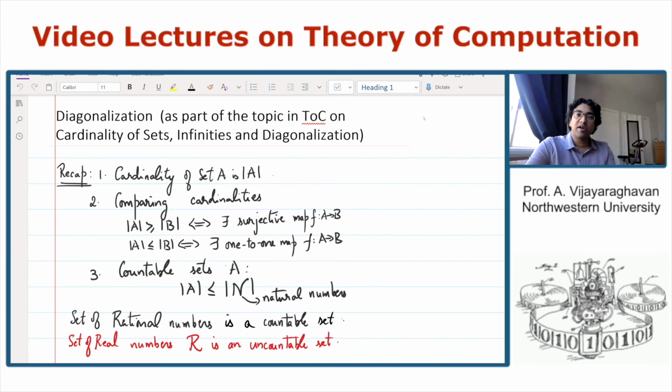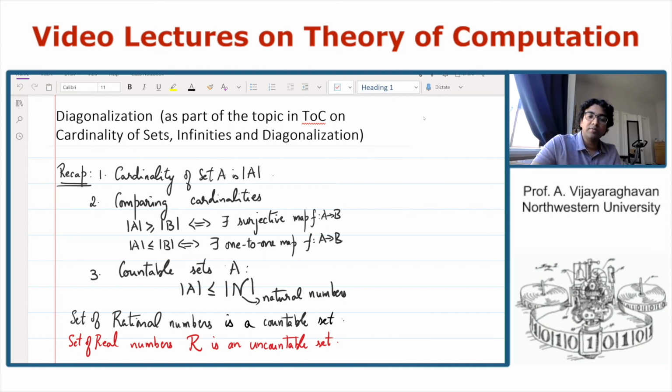Then we saw what a countable set was. These were sets that had a cardinality that is at most the cardinality of natural numbers. So any finite set is countable, or if you exhibit a one-to-one map from this set to natural numbers, then it's countable as well.